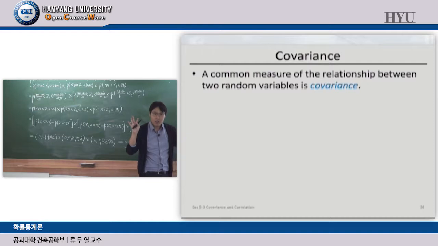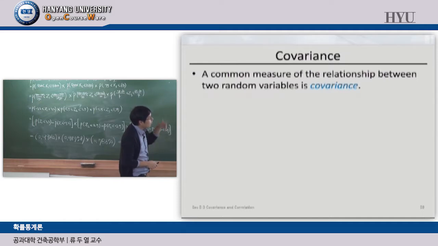So if the covariance is equal to 0, it means that there is no proportional relationship between the two random variables, X and Y, which means that they are scattered without any relationship.